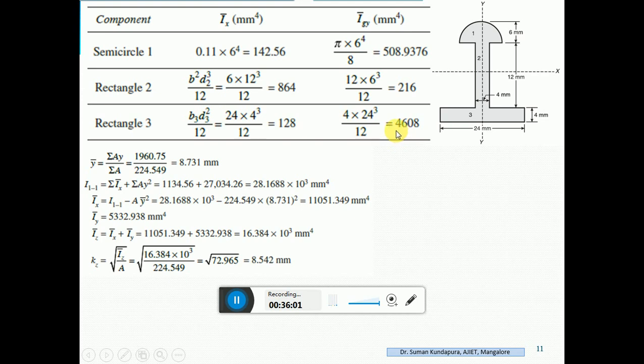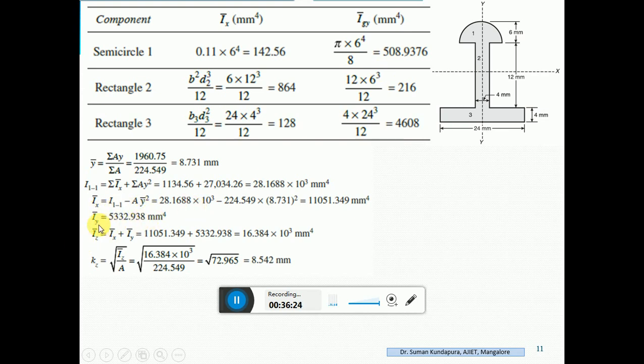4608 plus 216, 4824 plus 500, so somewhere in terms of 5332.